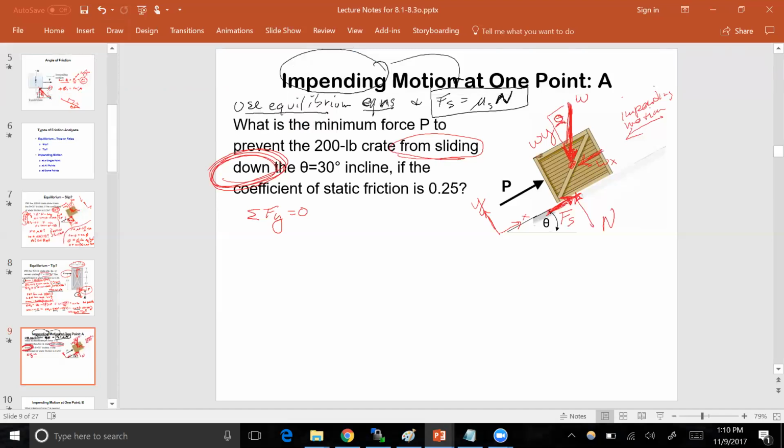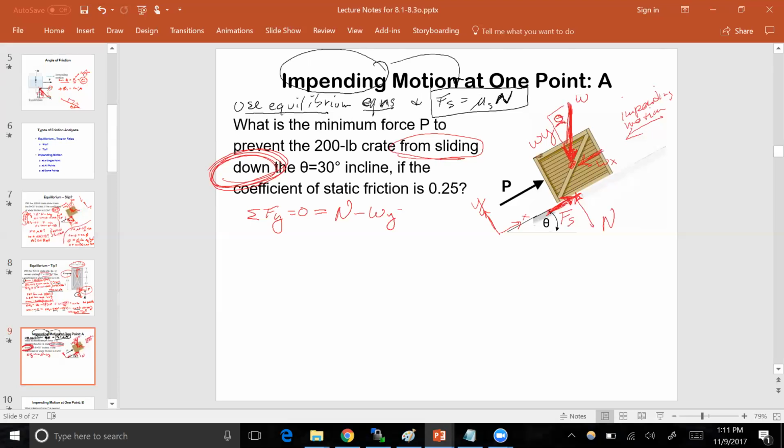Okay, and so the sum of the Fy's is 0. So that's going to equal the normal force minus Wy, the y component of W. Again, we're tilting our heads so that the y-axis is skewed to the angle like that, which makes it a little bit easier to do the analysis. It's more convenient to do it that way because the friction force lies along that x direction, and the normal force is perpendicular to that. You could do it without tilting the axes, but then you have a lot more trig in your equations.